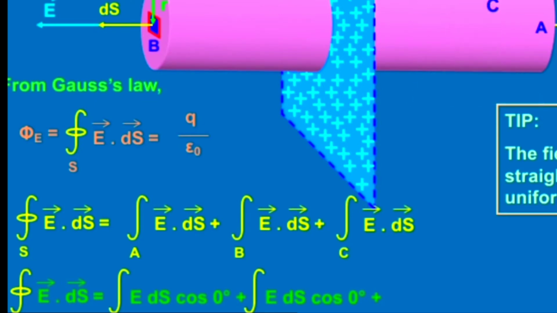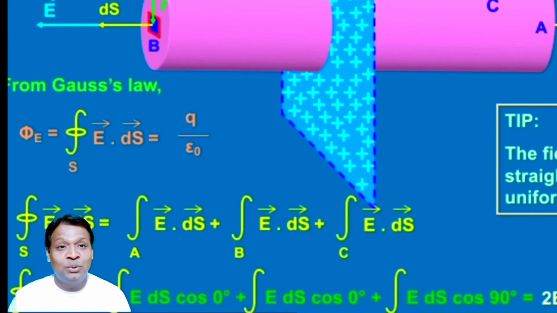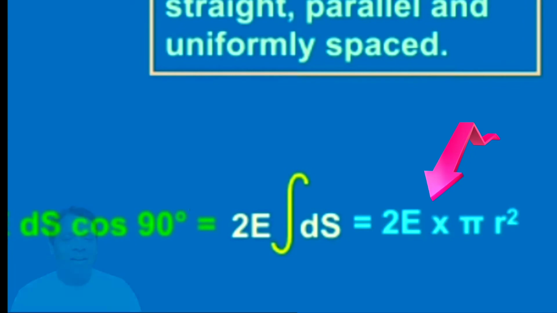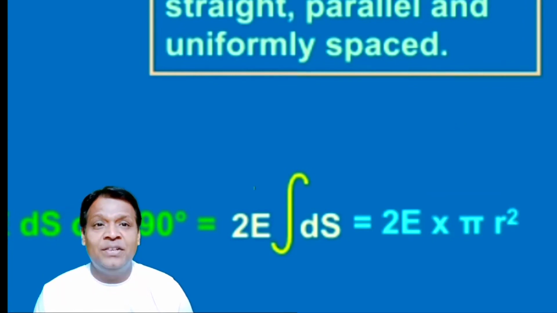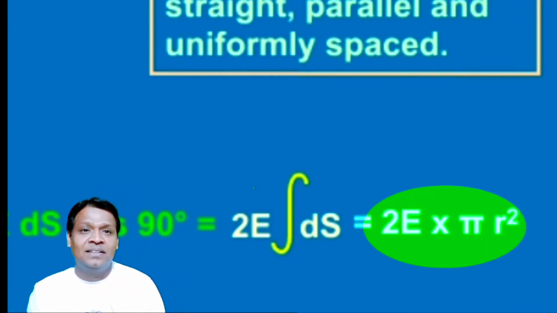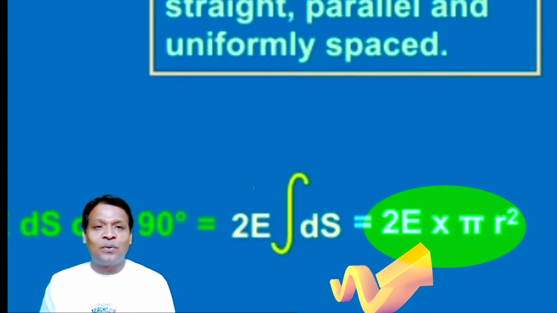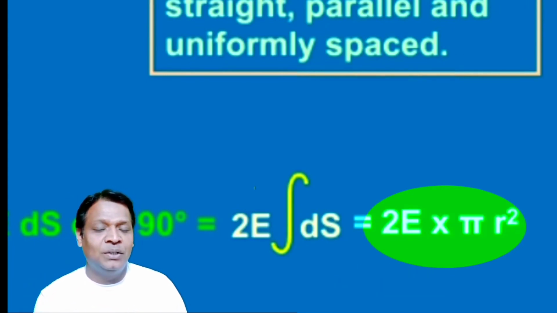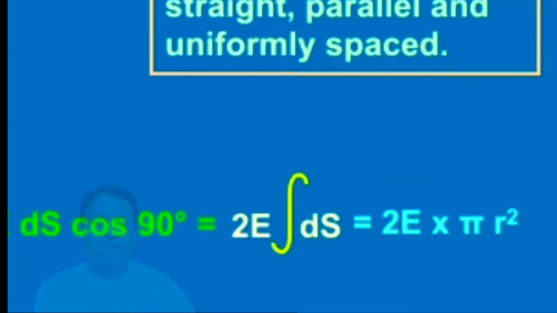Look here. The total flux due to this geometry will be twice E times the area, and now you know that the flat area is circular in shape, so its area will be pi r square, and our expression becomes 2E into pi r square.